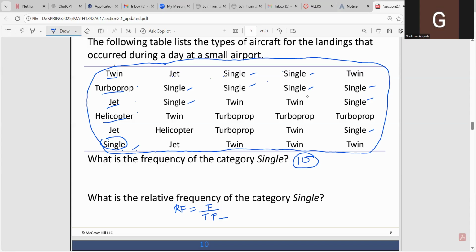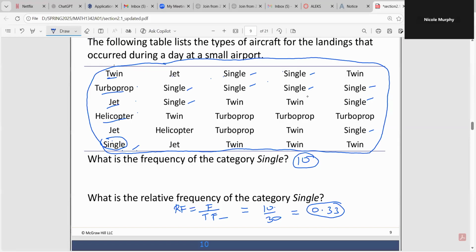So 6 times 5 should be 30. So that means the relative frequency for the single category would be 10 divided by 30. That is the frequency for the single category divided by the total frequency, and that gives us 0.33 to 2 decimal places. Is that clear with everybody? Is there anyone who has a question on this?